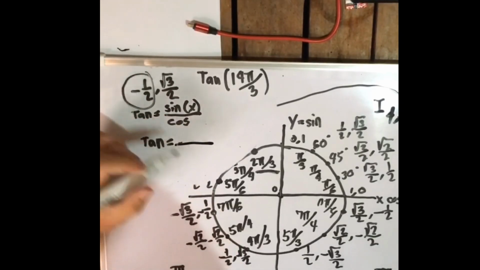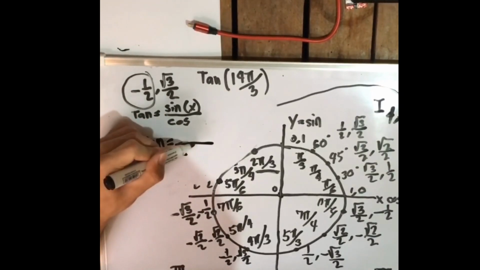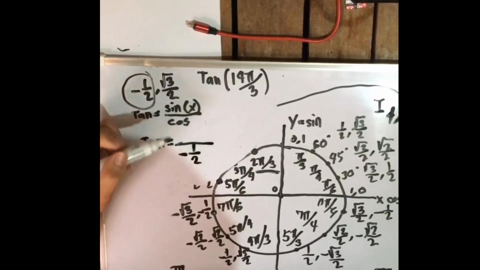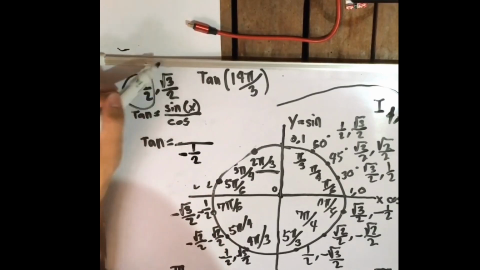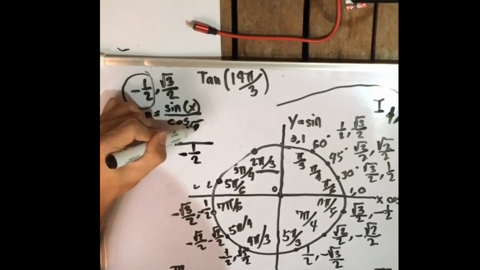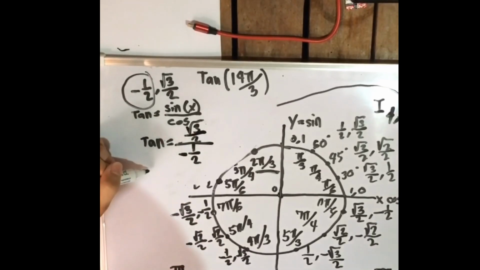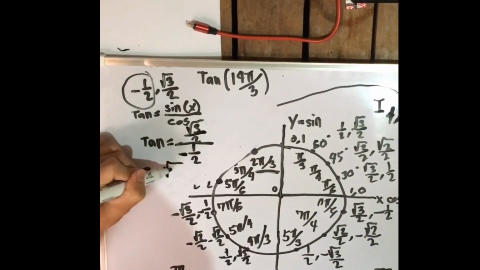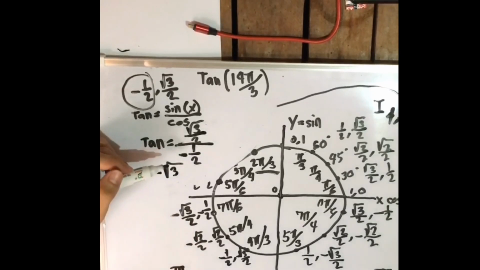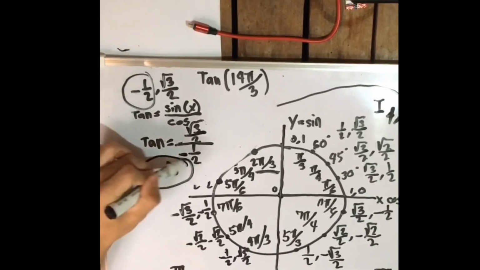The cosine is this, so we put negative 1/2 here, and the sine is this, so root 3 over 2. If we convert that, the answer is negative root 3. So this is the answer.